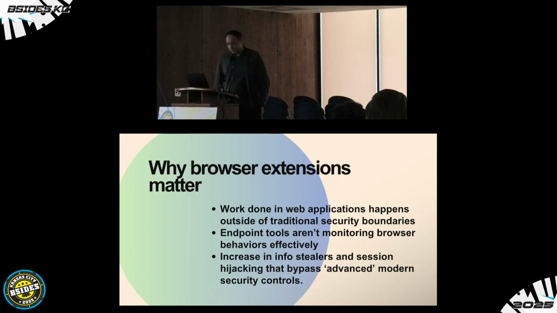But also, work now happens outside of the traditional security boundaries. You used to be able to stop an attack at the firewall or through web proxies when we were all in an office. Now all of this work happens decentralized at somebody's house and generally through identity and access through Okta or SSO.